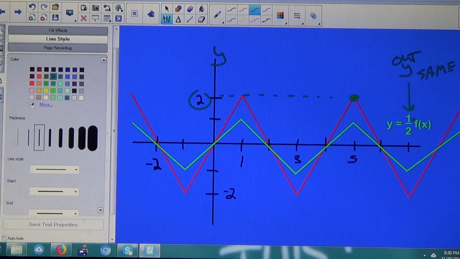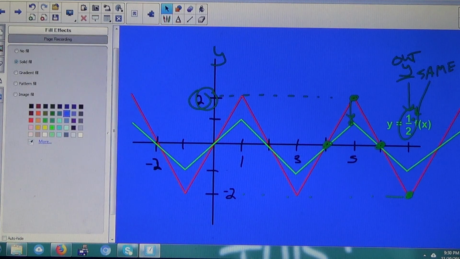So I'm going to take every y value and multiply by 1/2. So what's half of this 2 over here? 1. So then you see how that would then shrink down here? What's half of 0? Still 0, it doesn't move. What's half of this -2? And the answer there would be a -1. Now it moved down to there. And you see how it's half as tall? Or it's shrunk vertically.